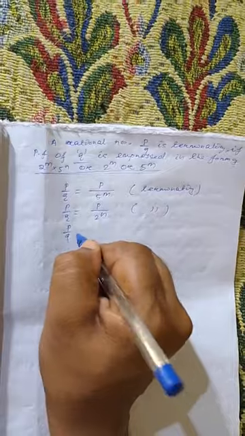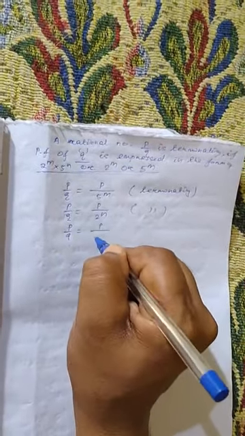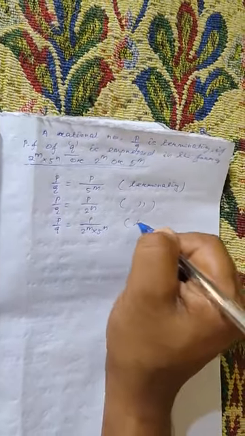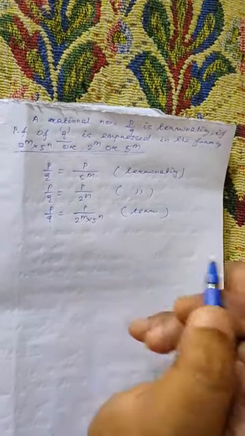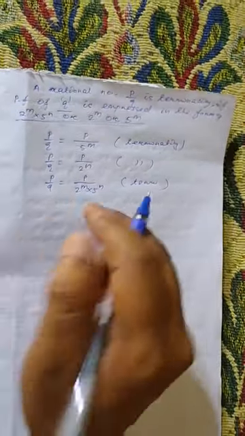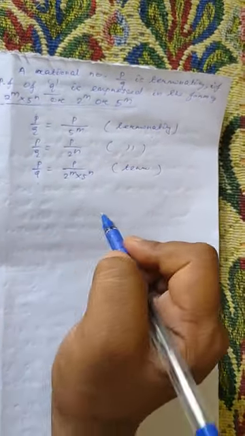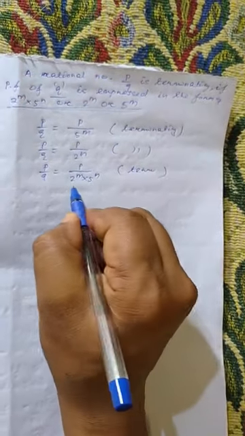And again, p by q with q as 2 to the power m into 5 to the power n is also terminating. But if any other factor along with 2 and 5 is there, then it is non-terminating. Understood?